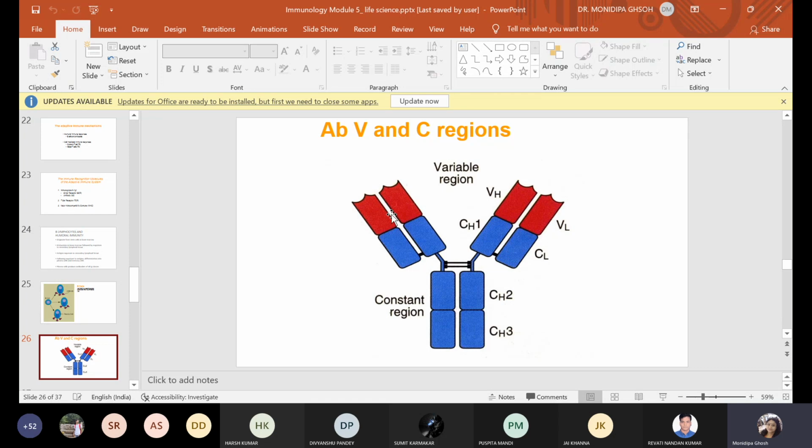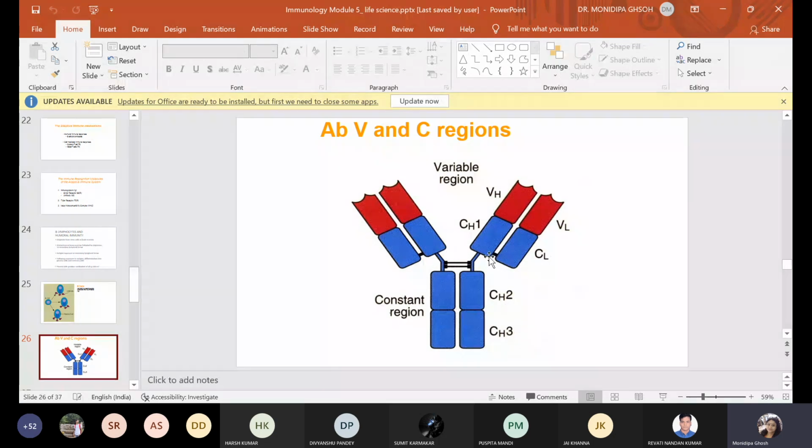Now there is the V region, variable, and there are two chains making up the whole antibody structure. One is the heavy chain, these long stretches of amino acids. Another is the light chain. The heavy chain and the light chain are interlinked with each other with a disulfide bond, and the two heavy chains are interlinked with each other with two disulfide bonds, and this region is called the hinge region.